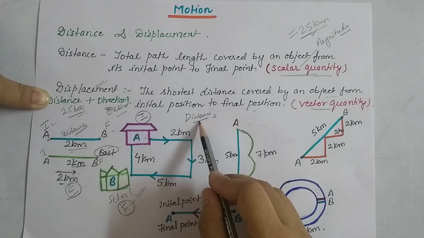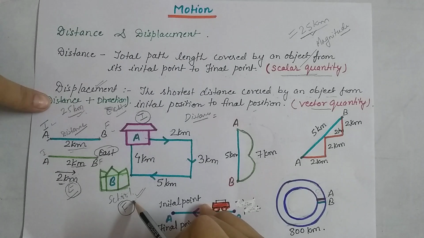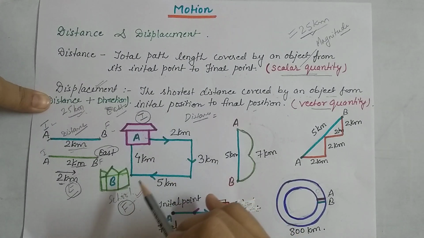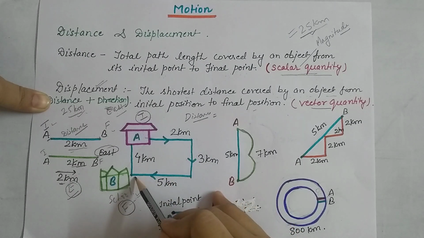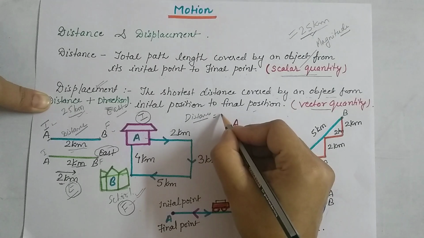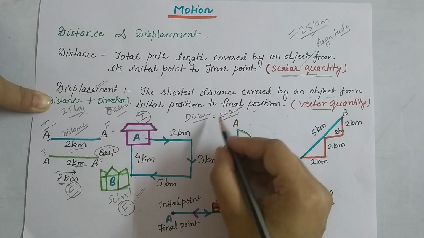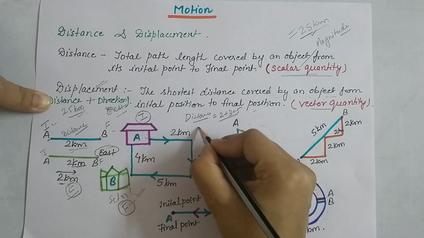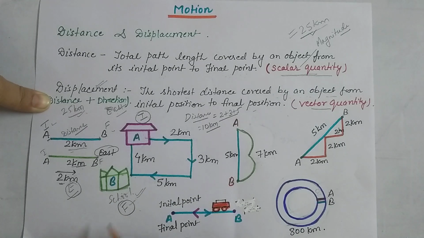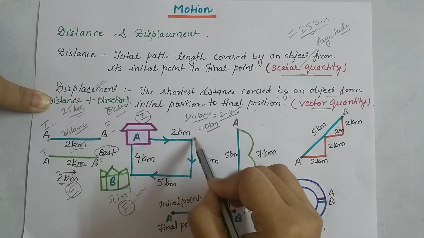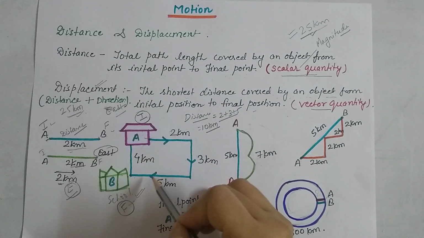How much total path did he cover? We add 2 kilometers, 3 kilometers and 5 kilometers: 8, 9, 10. Total distance is 10 kilometers. So distance shows the total length covered from the initial position to the final position.